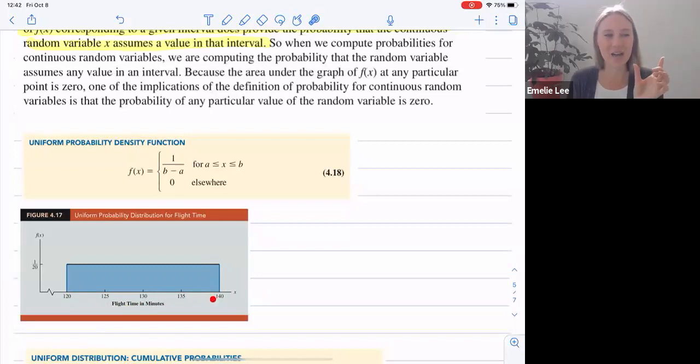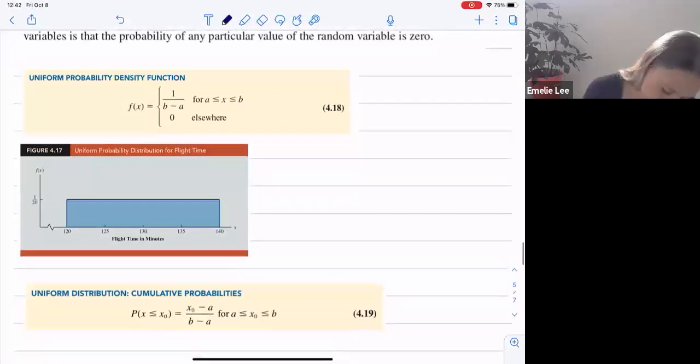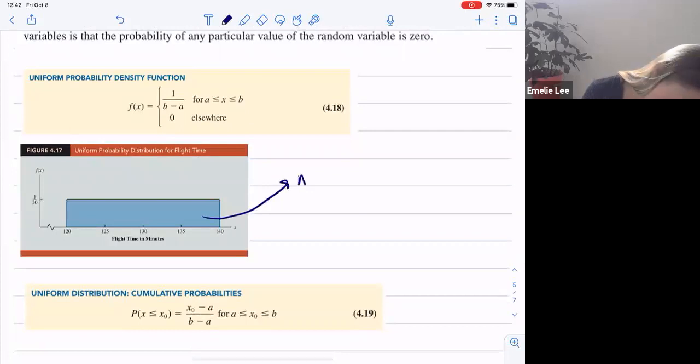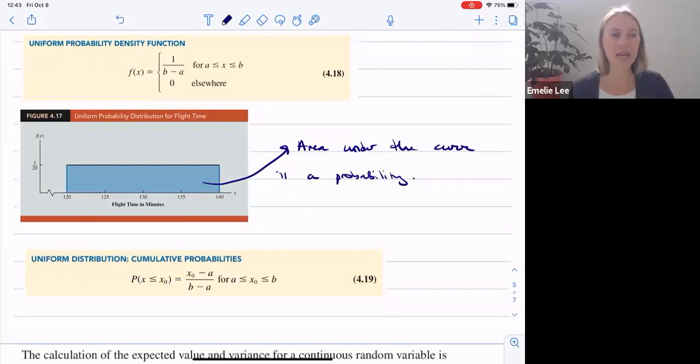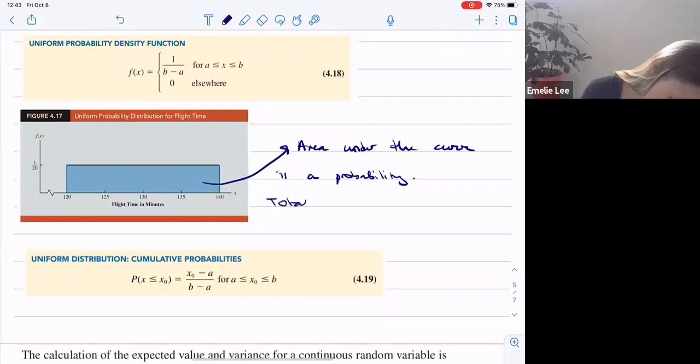Remembering that the area under the curve is a probability, the total probability must be 1.